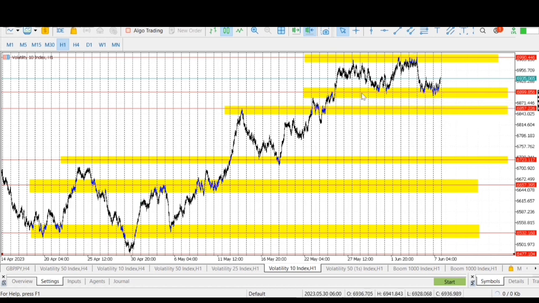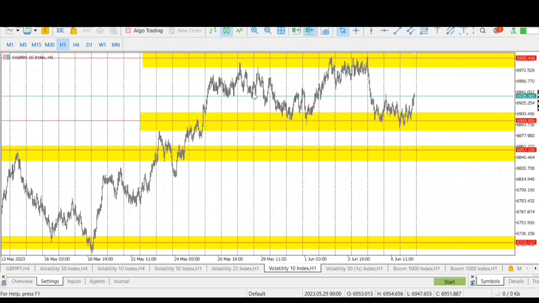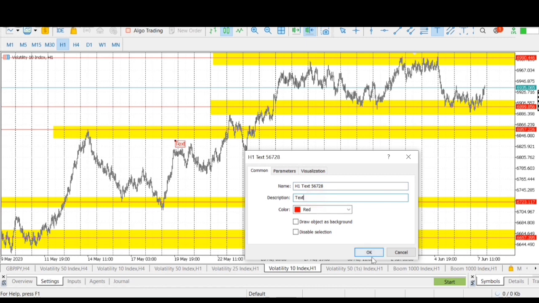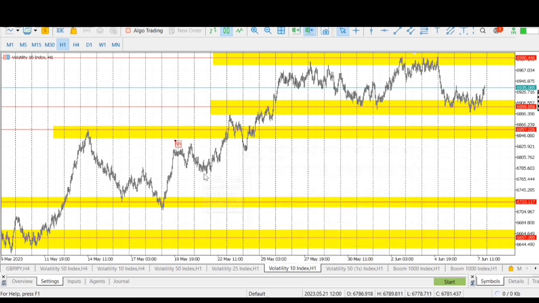From this point here up to here, we had an uptrend, like a trending market. And here we had our formation low, then our first high, then higher low, high low, high, right?